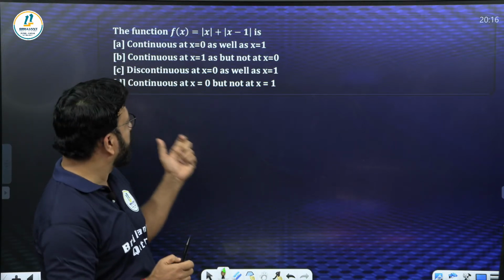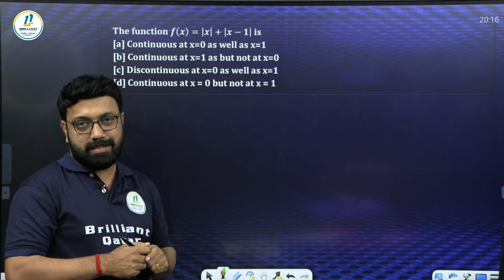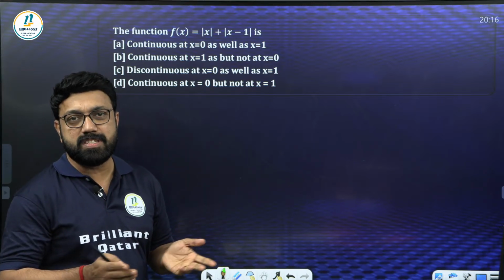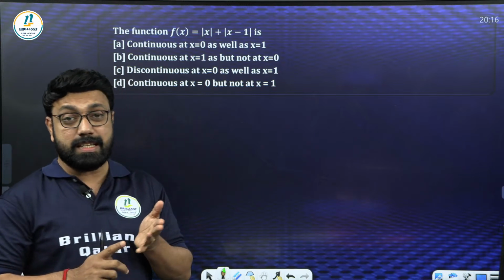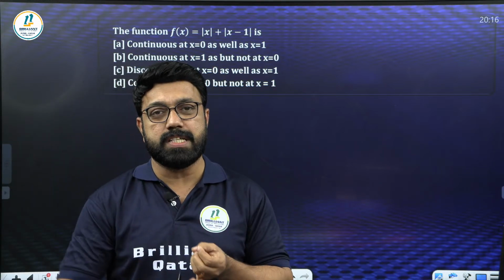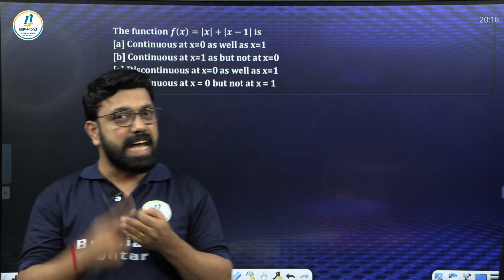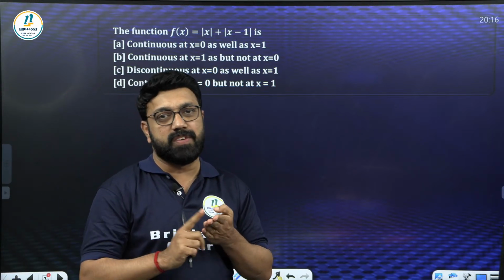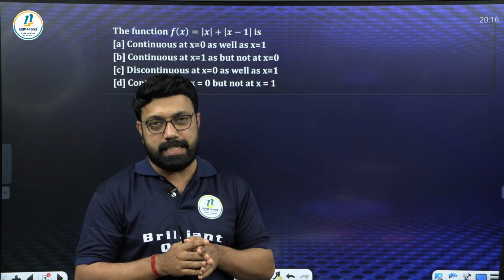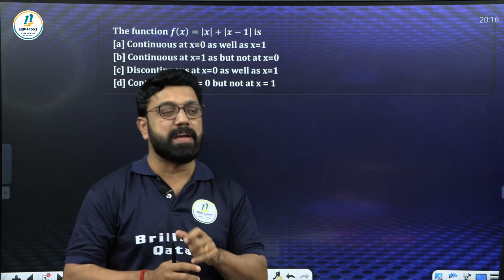Previously I told, how can we find out that one? Mod x we already checked, it is continuous everywhere. Some functions are continuous everywhere: modulus function, polynomial function, sine function, cos function. These are all continuous everywhere, and other trigonometric functions are continuous on their domain.